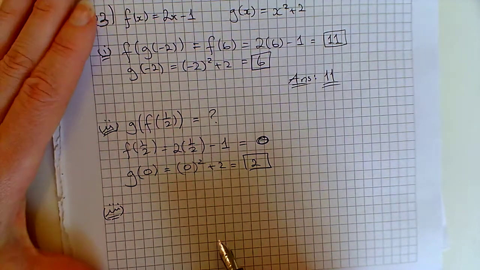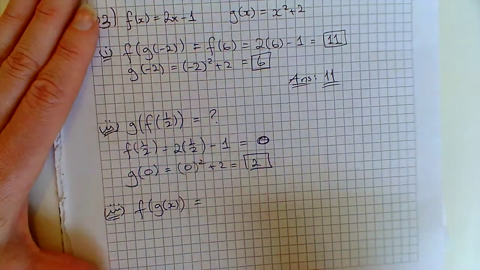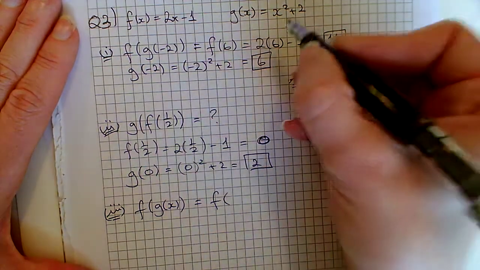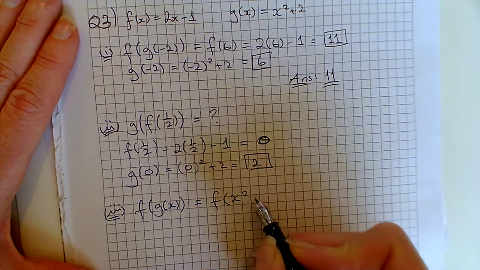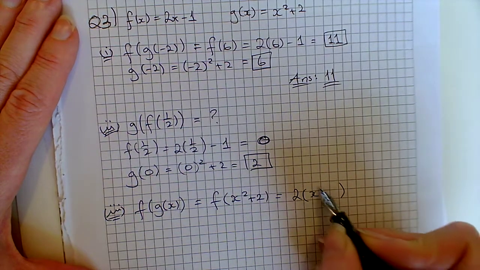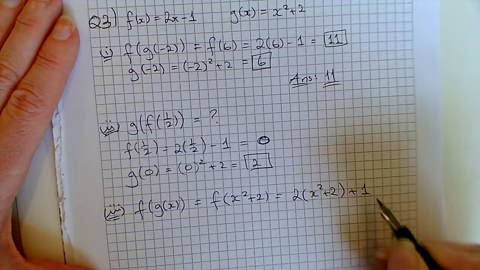Part 3 asks us to find f of g of x. So these are really important. That means I'm finding f of whatever g's definition is, which is x squared plus 2. That means everywhere I have x in the definition of f, I'm replacing it with x squared plus 2.